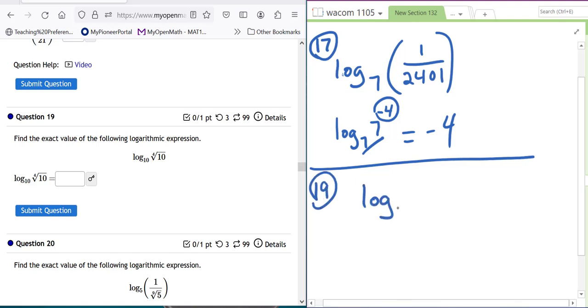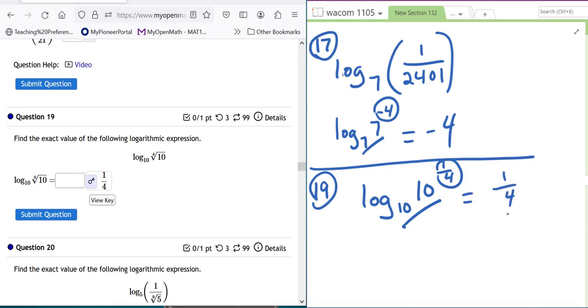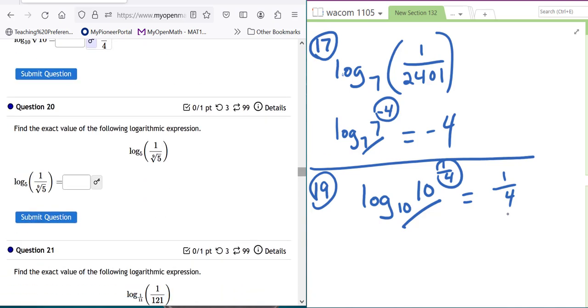So log base 10 of 10, this would be 1/4. And you already have this the same. The answer is 1/4. So just rewrite those.